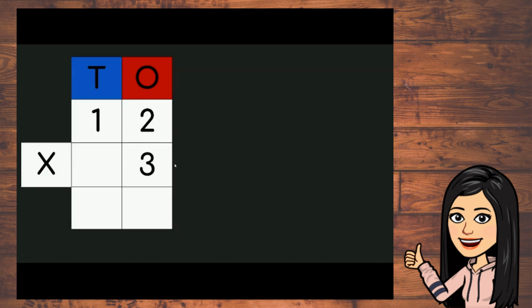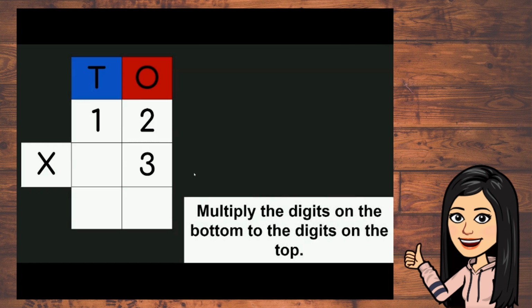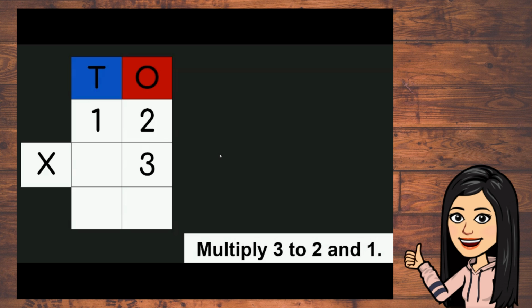First step is that you have to multiply the digits on the bottom to the digits on the top. So we have to multiply 3 to 2 and 1.